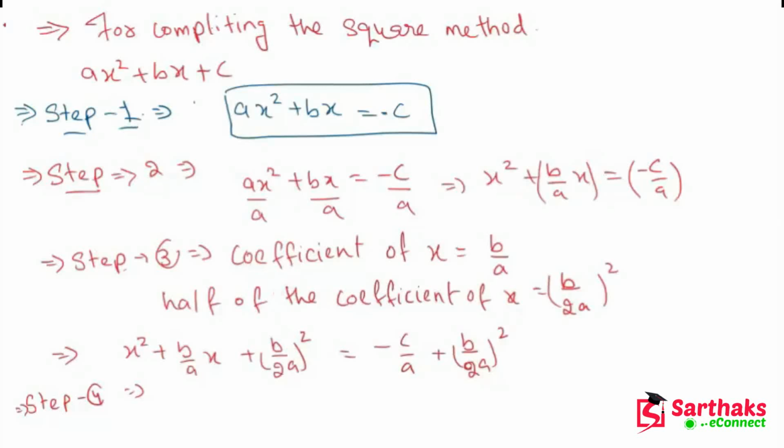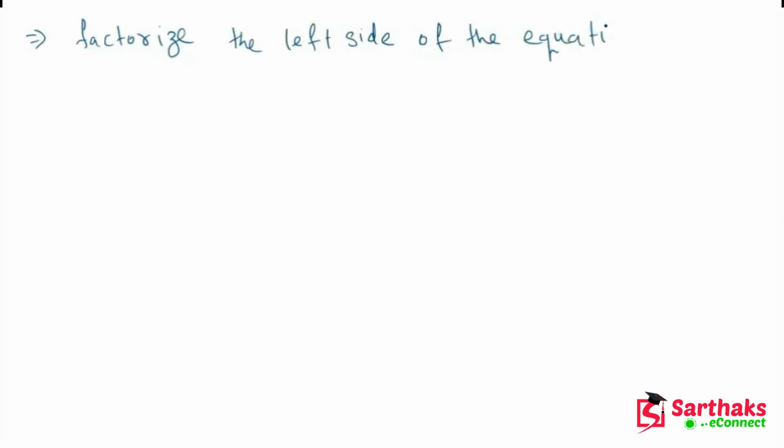So in step number 4, factorize the left side of the equation as the square of the binomial term.